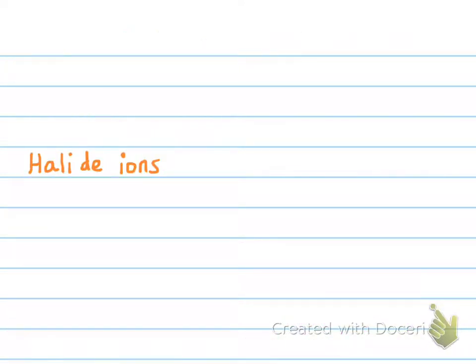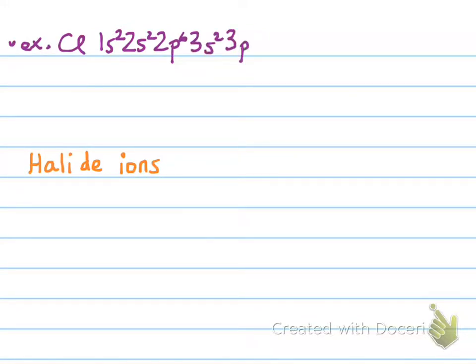So to take a look at this, we're going to look at chlorine. It has 17 electrons, so its configuration is 1s2, 2s2, 2p6, 3s2, 3p5.